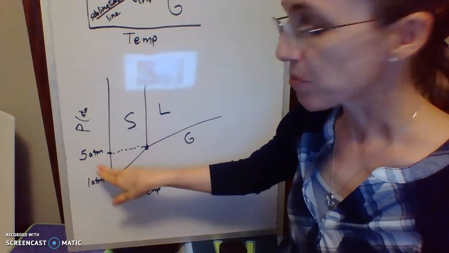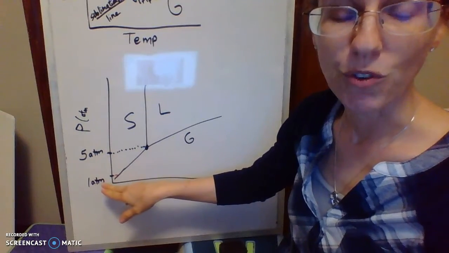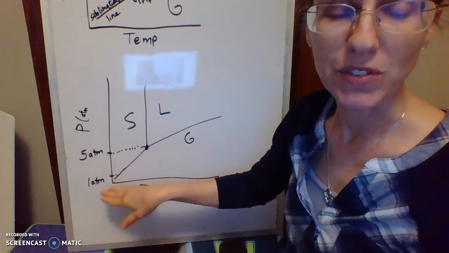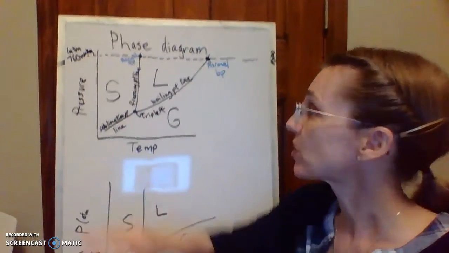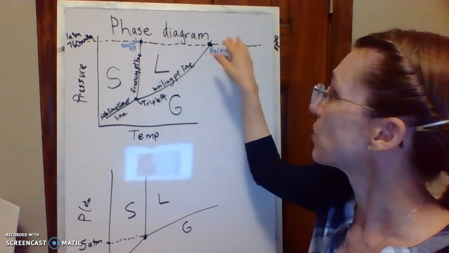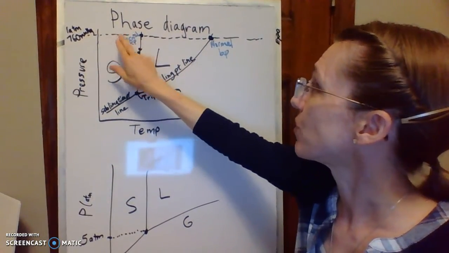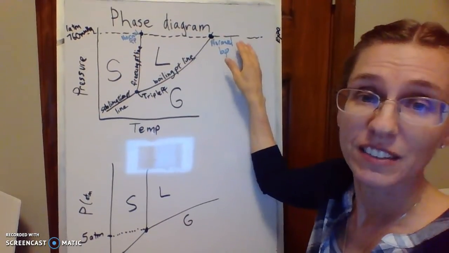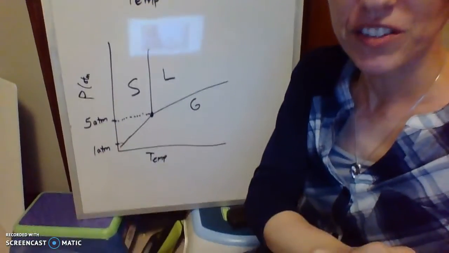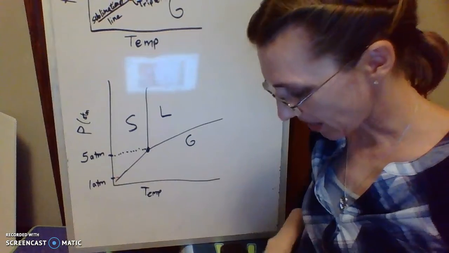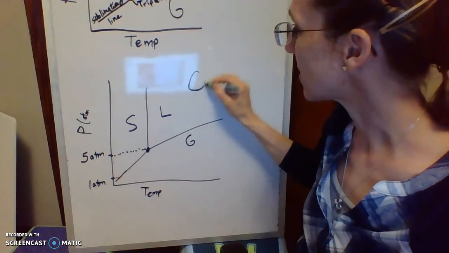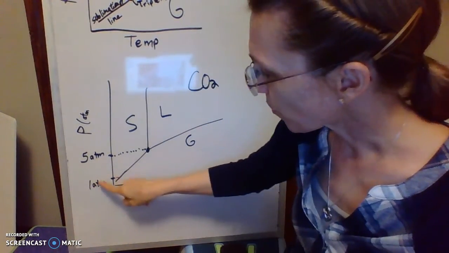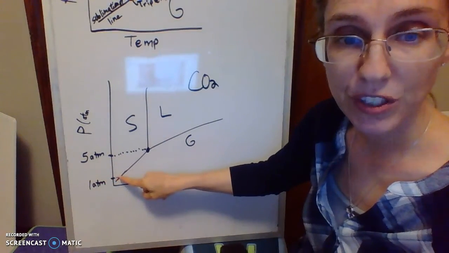And the thing I want to point out for carbon dioxide is where the 1 atmosphere is. Remember, for most substances, the 1 atmosphere will be somewhere up here, and you've got all 3 stages. You've got your solid, your liquid, and your gas. But there's something very interesting that occurs with carbon dioxide. Remember, this is CO2. This is your 1 atmosphere for CO2.